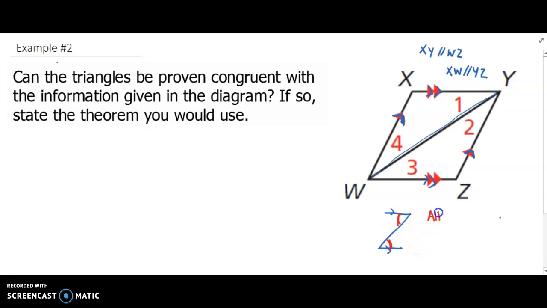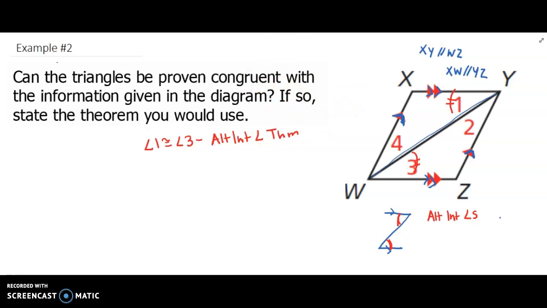These are alternate interior angles, and I do know that alternate interior angles are congruent when the lines are parallel, which they are. So if I look back up to here, that would be angle 1 and angle 3. I can say angle 1 is congruent to angle 3 by the alternate interior angle theorem.